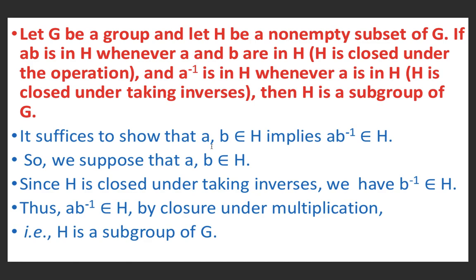It suffices to show that A and B belong to H implies AB⁻¹ belongs to H. So we suppose that A and B belong to H. Since H is closed under taking inverses, B⁻¹ belongs to H. Also A is an element of H, B⁻¹ is also an element of H, and it is given that H is closed under the operation.